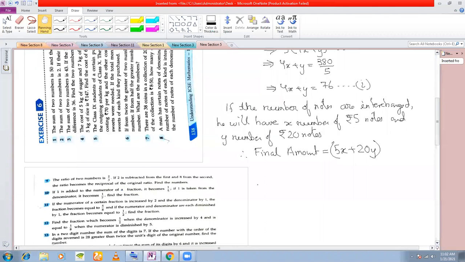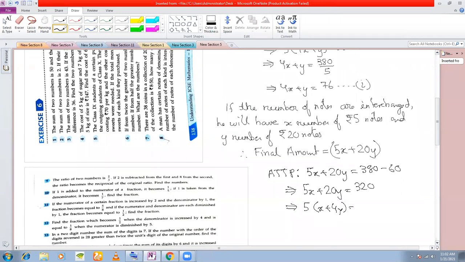Now, according to this problem, once the notes are interchanged, he has 60 rupees lesser than before, and before he had 380 rupees, so 380 minus 60 is 320 rupees he will have. So now we can get the second equation from here. 5x plus 20y is equal to 320. And you can now take 5 common. You get x plus 4y is equal to 320 by 5.